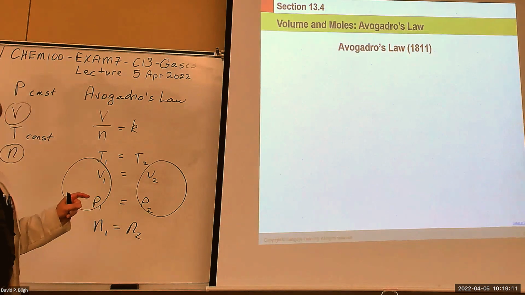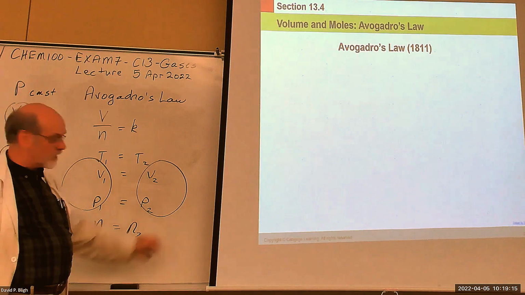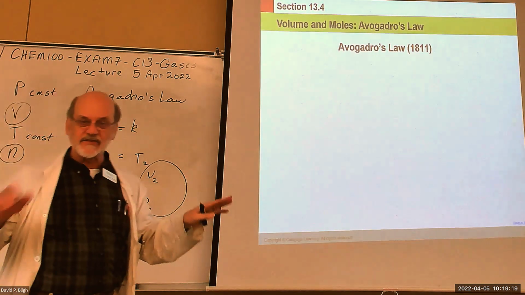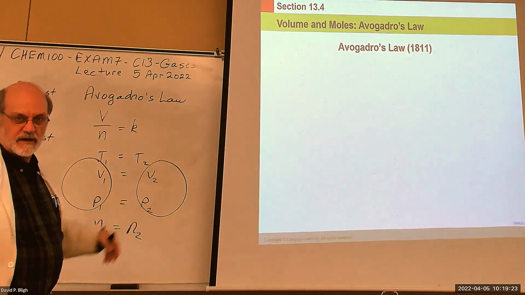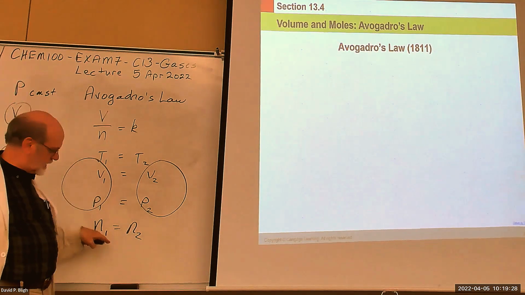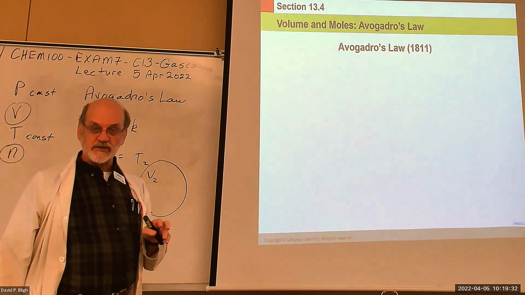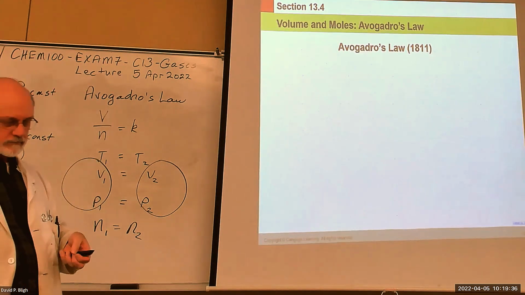The number of particles, the moles of gas in this one is exactly equal to the moles in that. And it doesn't matter what gas it is. You could have helium in one and krypton in the other. The number of particles in each one is exactly equal. That was Avogadro's proposition. And it came at a most opportune time.